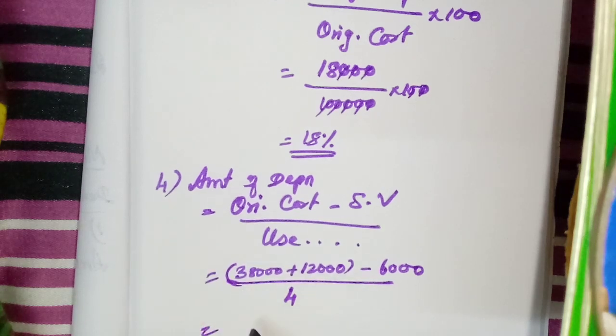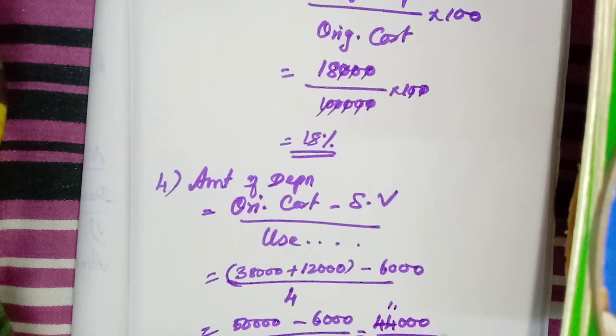So 38 plus 12, 50,000 minus 6,000, 44,000 divided by 4. So 11,000 is the amount.